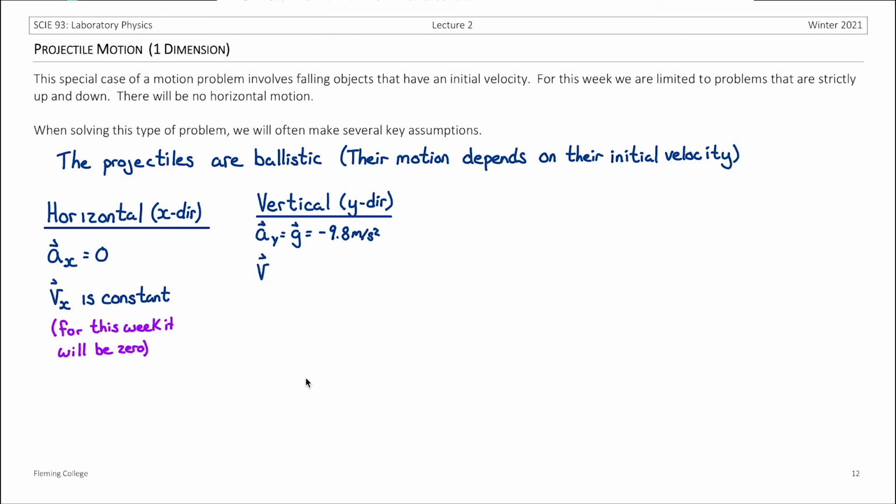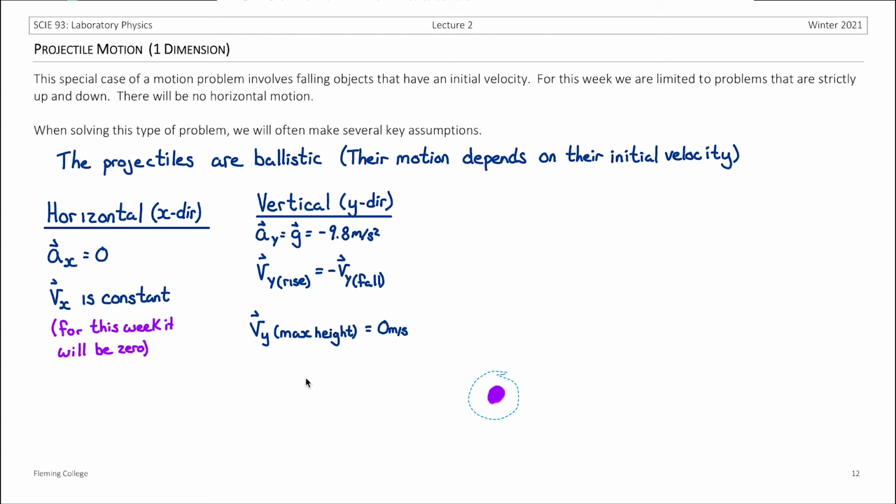An interesting characteristic of ballistic projectiles is that the velocity while the projectile is rising is equal in magnitude but opposite in direction to the velocity while the projectile is falling for any given height, and that the vertical velocity at the projectile's maximum height is equal to 0. Let's look at these assumptions in action.